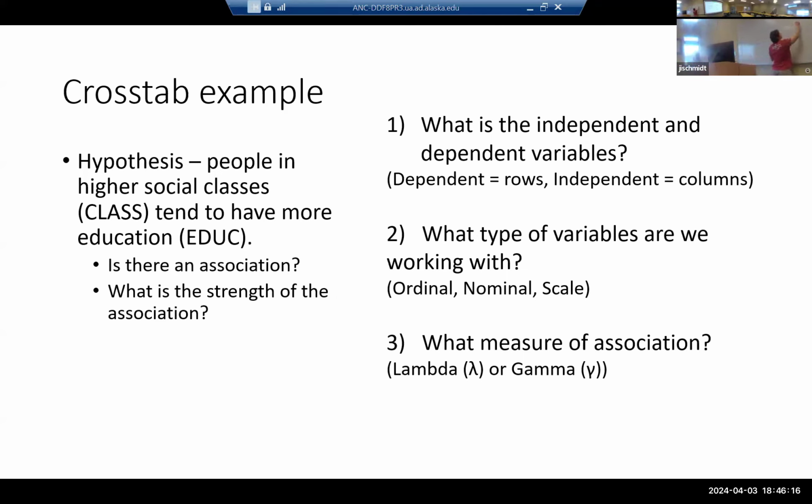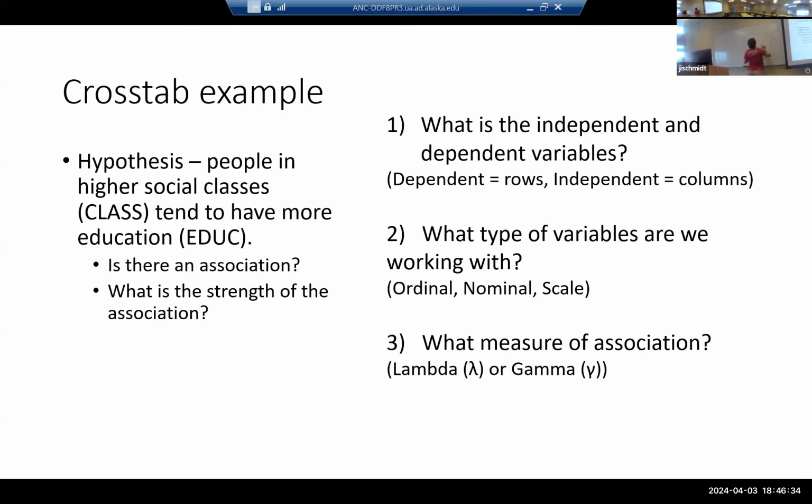So row is equal to class, and column is equal to education. All right.